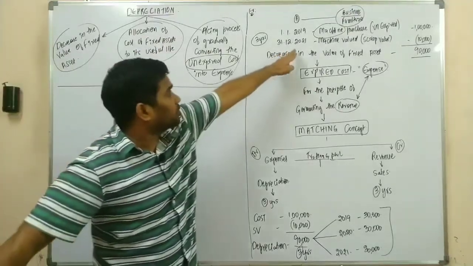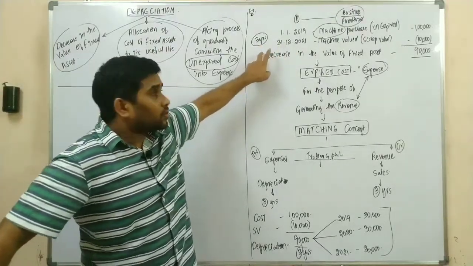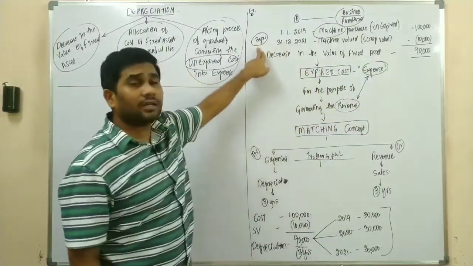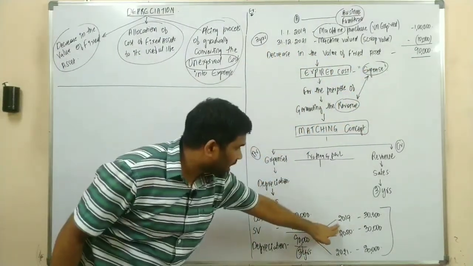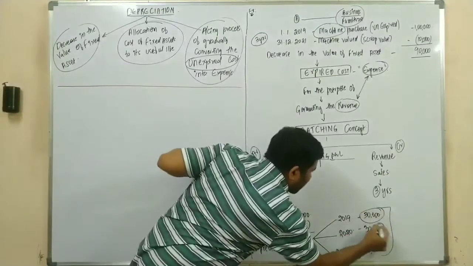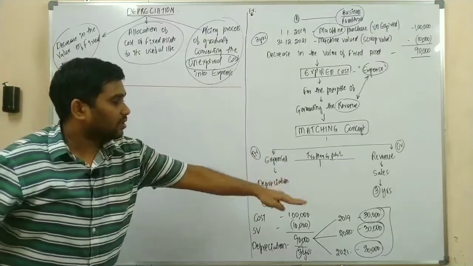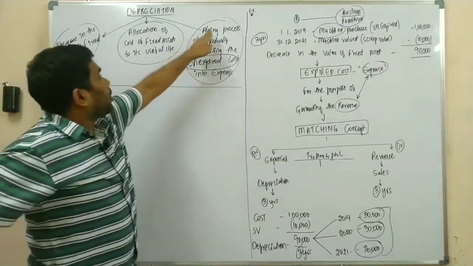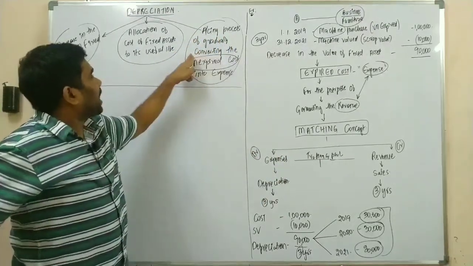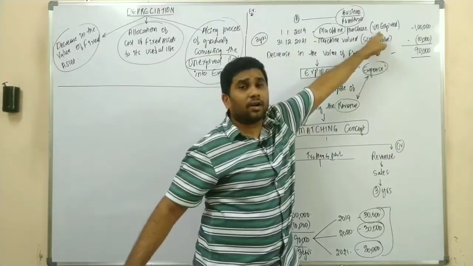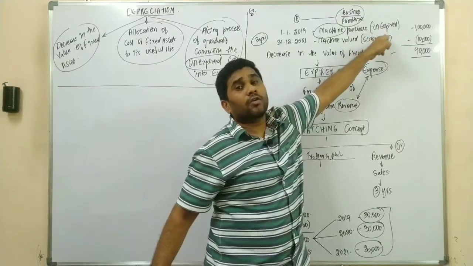So as we are using it for 3 years, this depreciation of 90,000 has been incurred for 3 years. Yes or no? That is the reason we have allocated the depreciation for individual years as 30,000, 30,000, 30,000. It is the accounting process of gradually converting the unexpired cost. What is the meaning of unexpired cost? Unexpired cost is nothing but the cost of the asset.